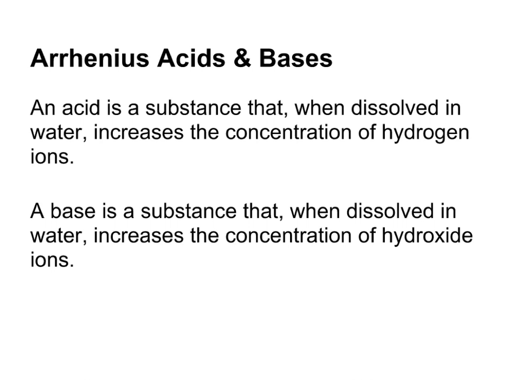An Arrhenius acid is a substance that, when dissolved in water, increases the concentration of hydrogen ions. And an Arrhenius base is a substance that, when dissolved in water, increases the concentration of hydroxide ions. So, an Arrhenius acid, for example, HCl, hydrochloric acid, when it dissociates in water, is going to create a hydrogen ion and a chloride ion.